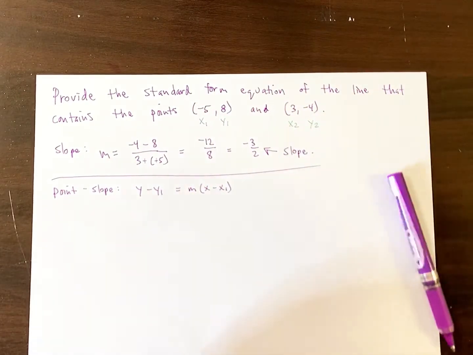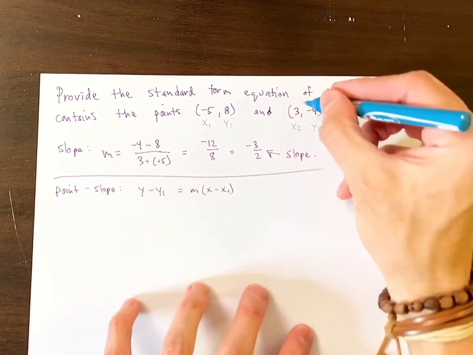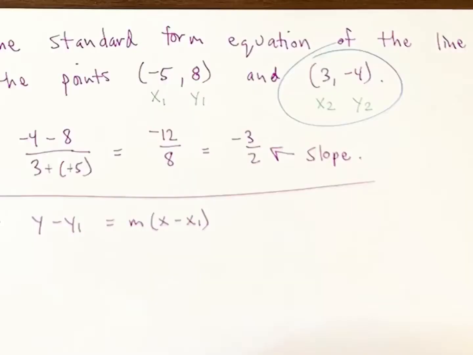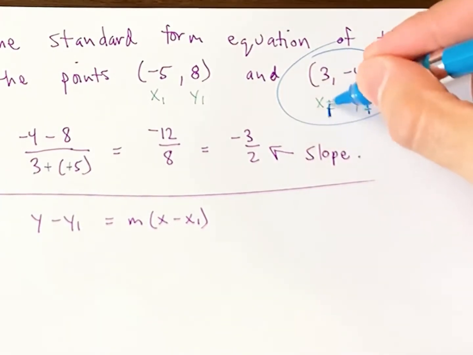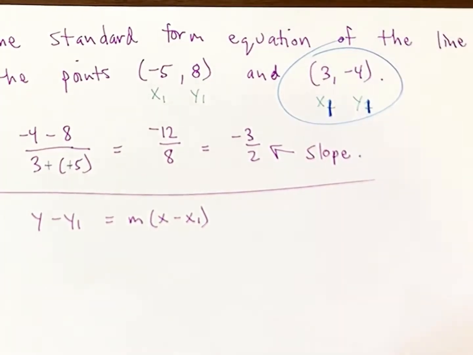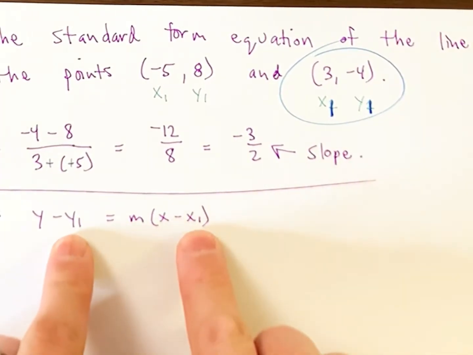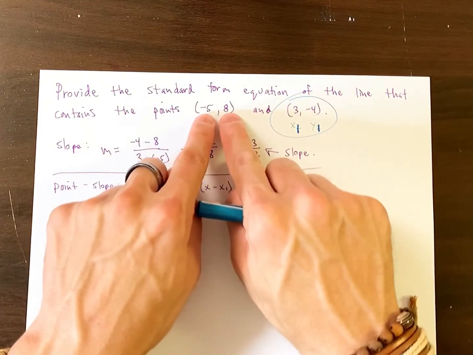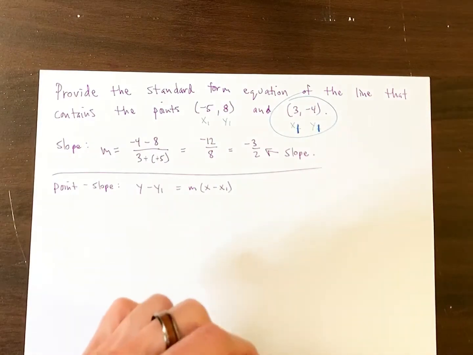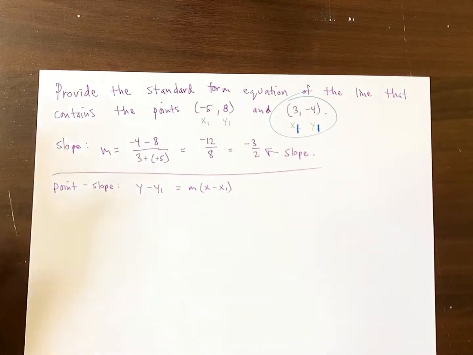Suppose that to be different from what we did today, I pick this. Then once you've made that selection, this is like x1 and that's like y1. If you want to pick this one, they would become x1, y1 so that you could feed them into these spots here. If you don't want to do that, then just use this point instead. Either way, you'll get the same answer. So let's make these substitutions.